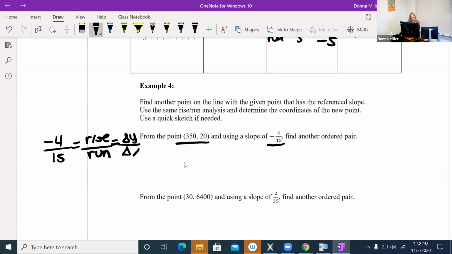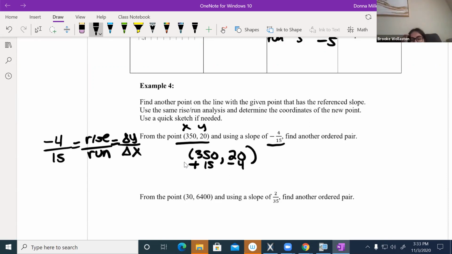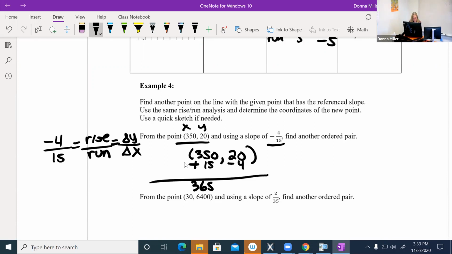So this tells me that y is going to go down 4 when x goes up 15. So from this point, this is x and y. So I can do 350, 20. To get another point, I'm going to make y go down 4 and x go up 15. So I just add 15 to x and subtract 4 from y. So I end up with 365 and 16. So that would be another point on that line. See, I can always get another point if I know the slope.